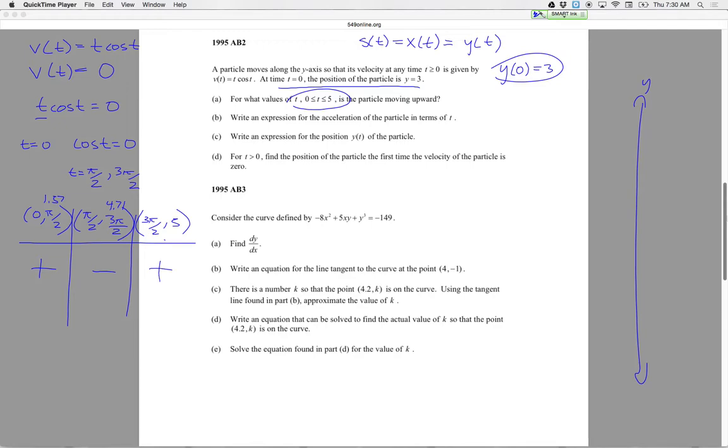The question is, when is it moving upward? So what would you say? Now on the AP exam, you would say that when velocity is positive is when the original position function is moving upward. That's because if you look back to the original position function, the slopes would be positive, and if you have positive slopes, the y value is going up.